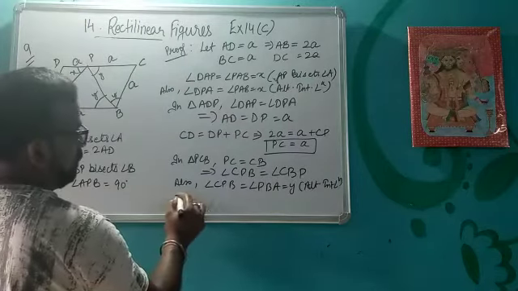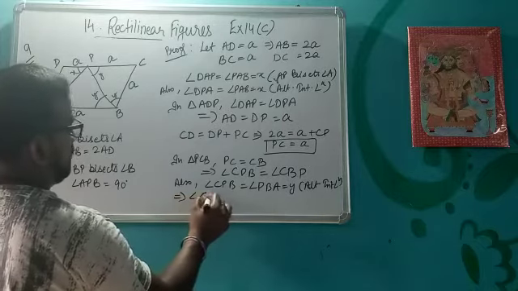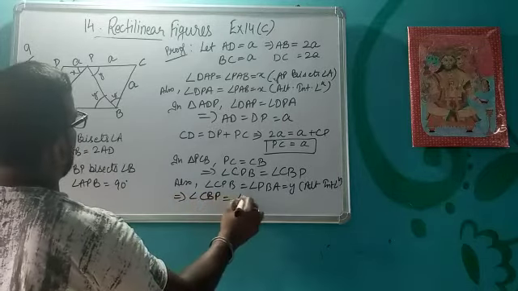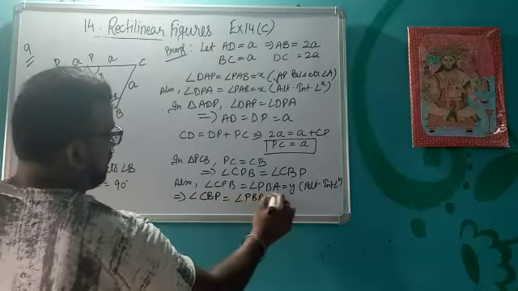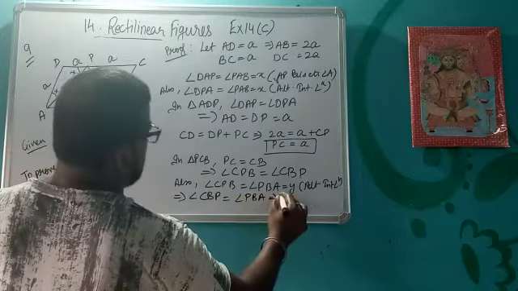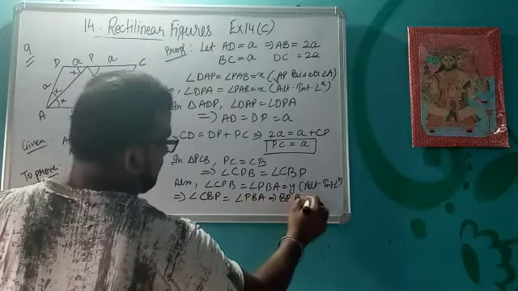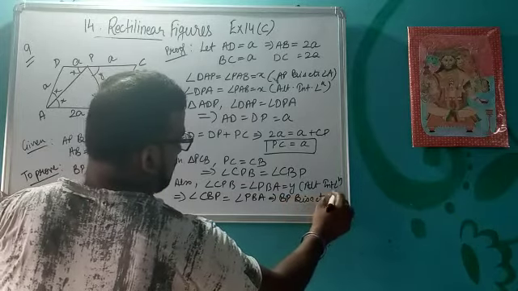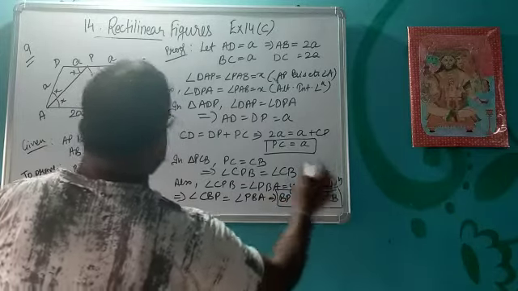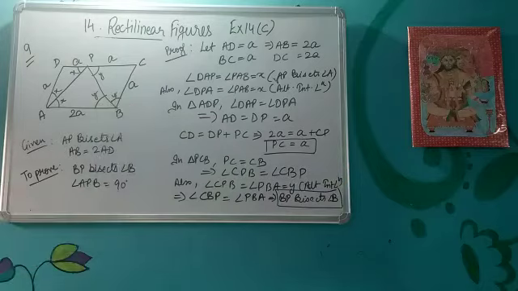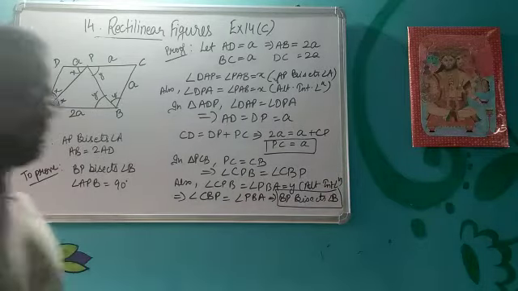Now what we came to know, angle CBP is equal to angle PBA. So this implies BP bisects angle B. So this is Y and this is Y. So that means BP is the bisector of angle B.